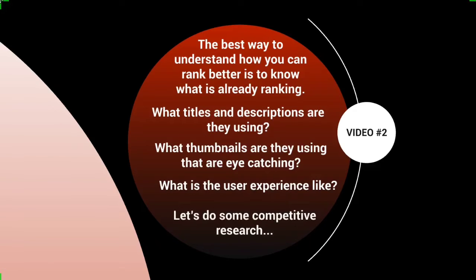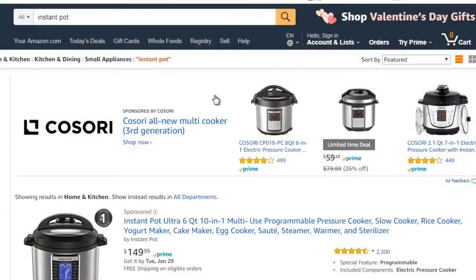So let's go ahead and do some competitive research. To make sure that we find YouTube videos that actually relate to promoting a product, I'm just going to pick a product out of the blue and take a look at YouTube.